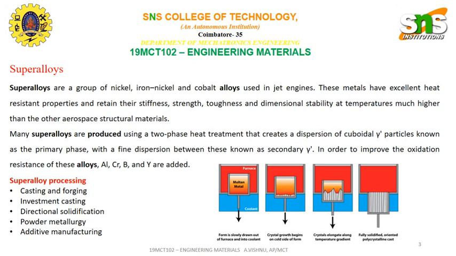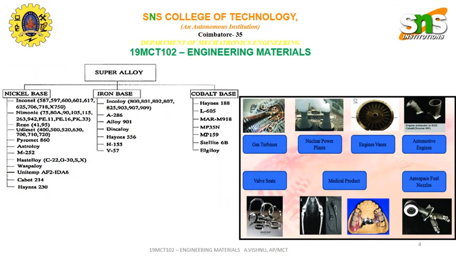This superalloy can be processed by various methods. First, the casting and forging method, investment casting, directional solidification, powder metallurgy, and also by means of additive manufacturing. This superalloy is mainly of three bases: nickel base, iron base and cobalt base, and its categories I have shown in the slide.